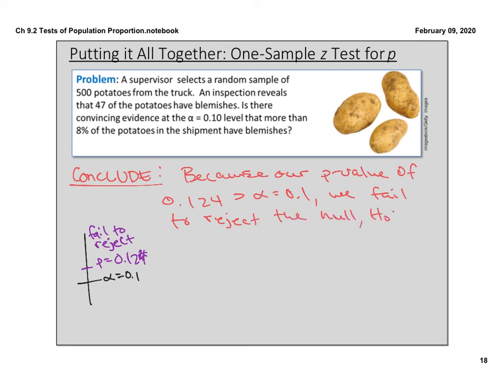And then I always put what the null is. H sub 0, p is equal to 0.08. Now put it into context. Here, since we're failing to reject, we don't have enough evidence. We do not have convincing evidence to reject the null.